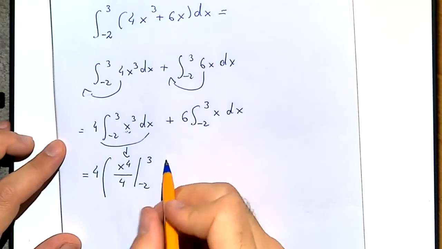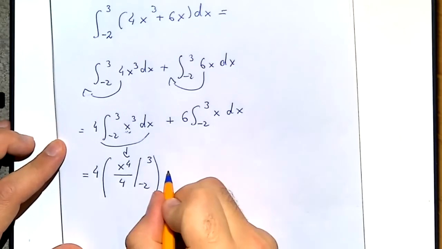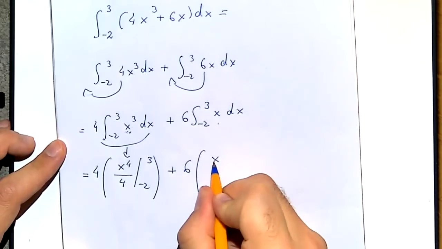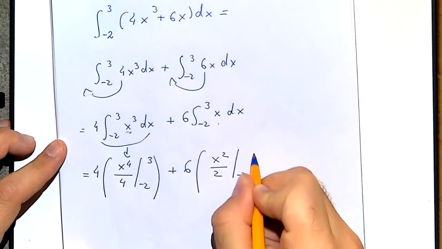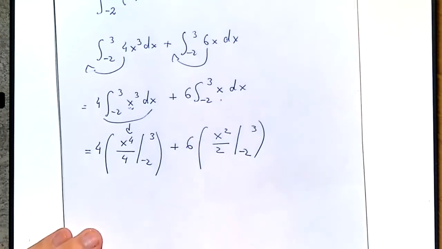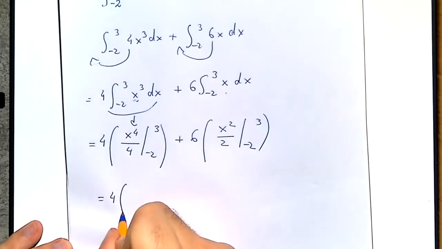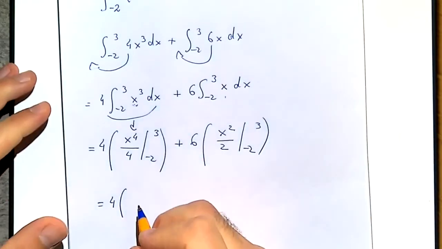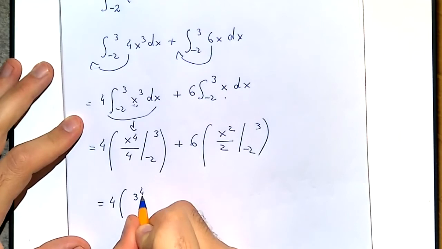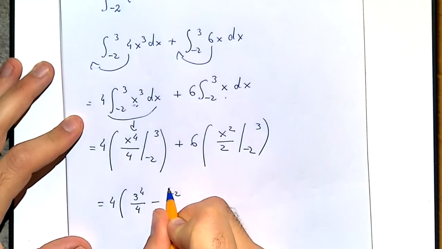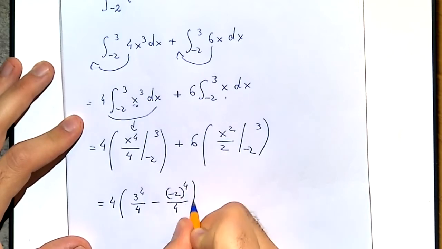Close parentheses. Plus 6 times, what gives me x is just x squared over 2, from -2 to 3. So this is equal to 4 times, and now I just replace my x with the values on the right: 3 to the 4th over 4 minus (-2) to the 4th over 4.